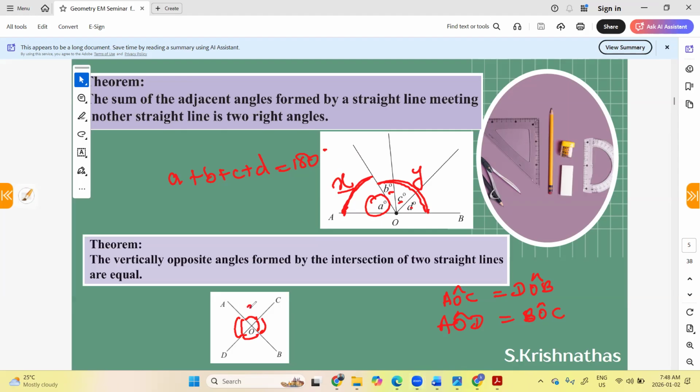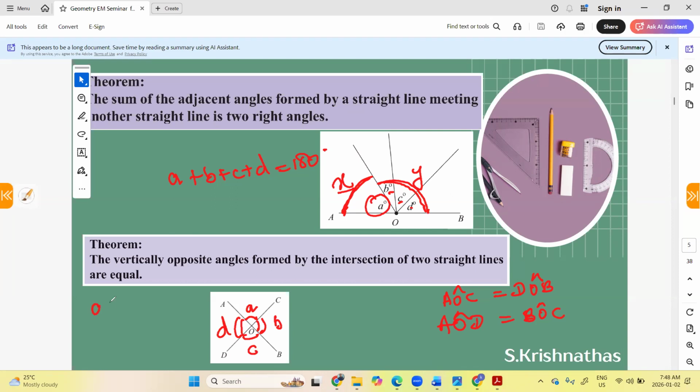I mentioned A, B, C, D. How to prove that A is equal to C, students? For the proof, you can use the earlier theorems and axioms. Okay, students, our first theorem is sum of the angles on a straight line is 180 degrees.